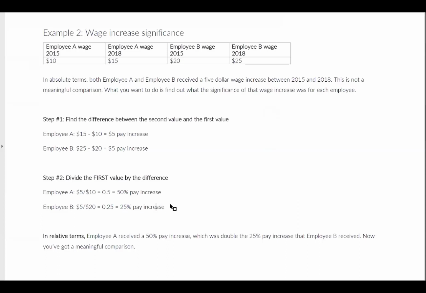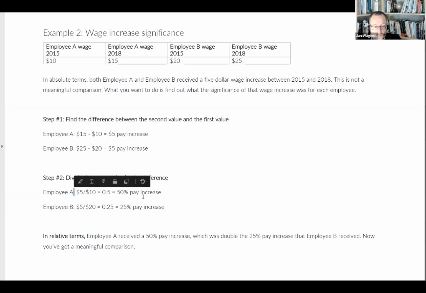So employee A's same $5 pay increase represents twice as big an increase. That's why you need to do this kind of basic math for these kinds of comparisons.